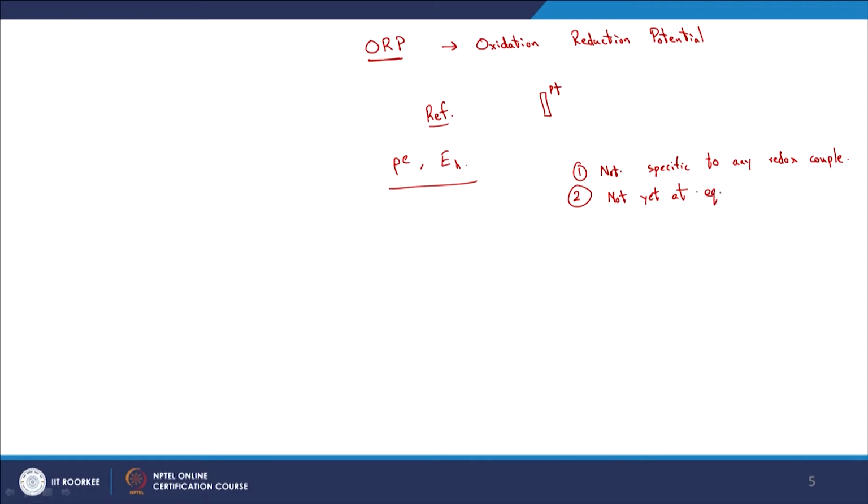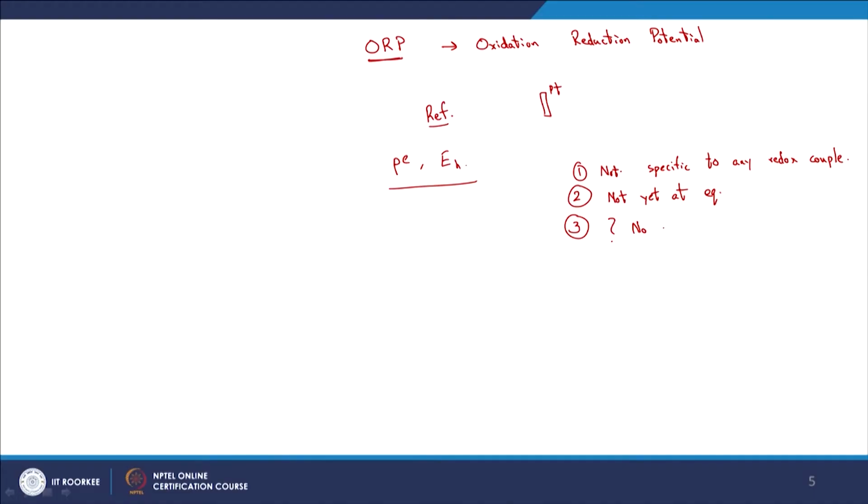So combined with this, what is it that we can glean or cannot glean now? While you can understand if the solution currently has oxidizing or reducing conditions, the ORP reading is not specific to any couple and is also not going to tell you if the system is at equilibrium or not, because you do not know that the kinetics can be slower.